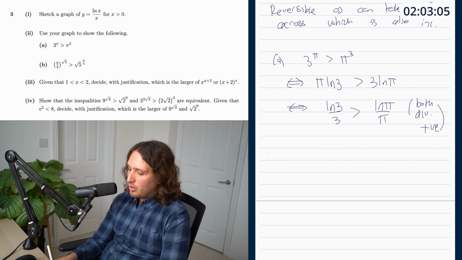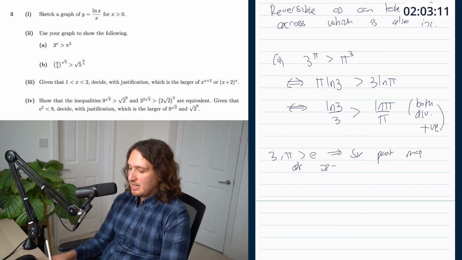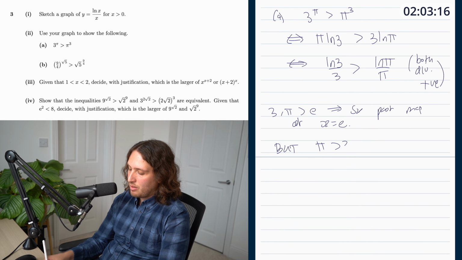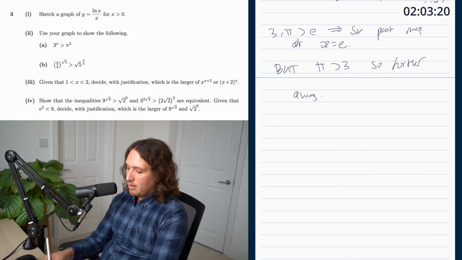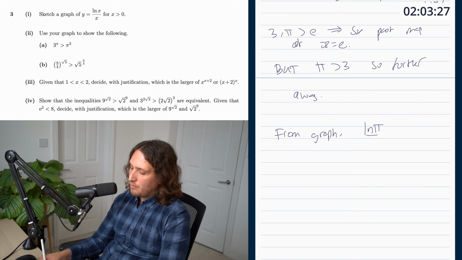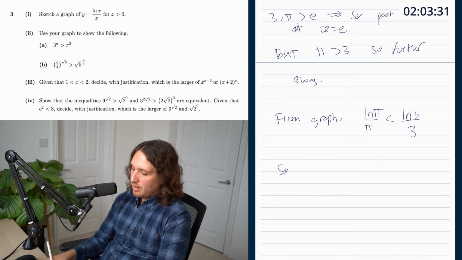And then I can say, well, look, 3 and pi are both bigger than e, so they're past my max at x equals e, but pi is bigger than 3, so further away. So that means that from my graph, I know that ln pi over pi is smaller than ln 3 over 3, so true.